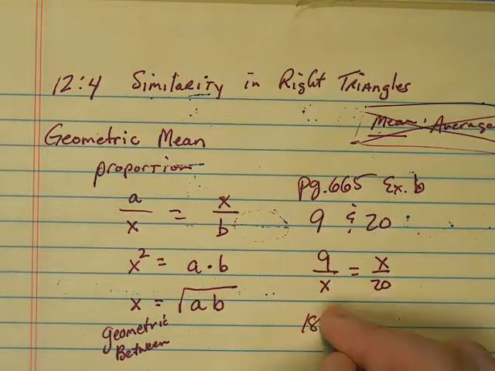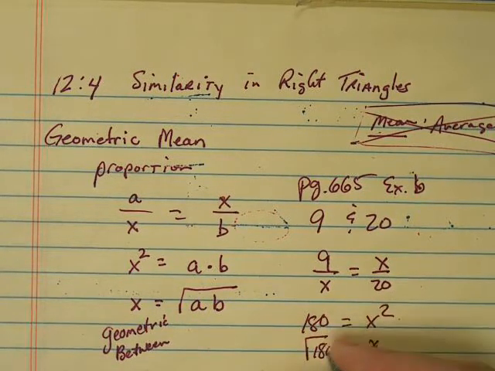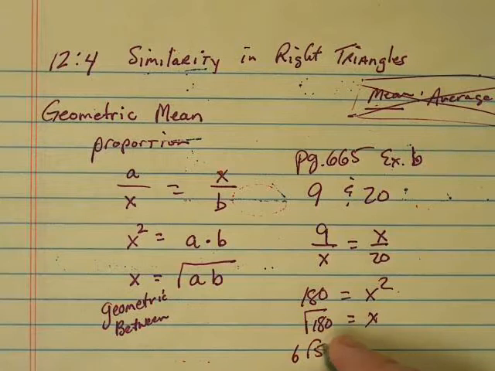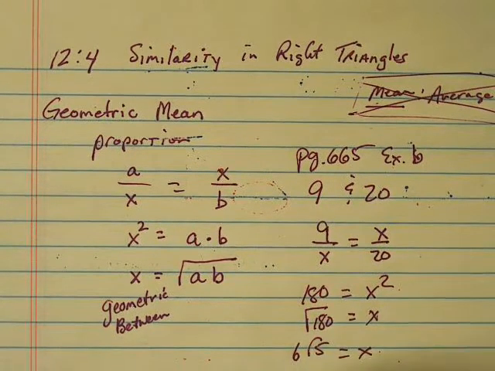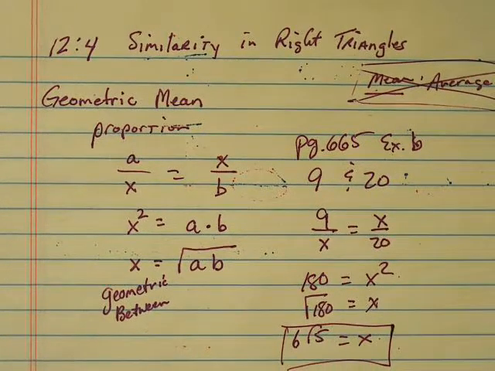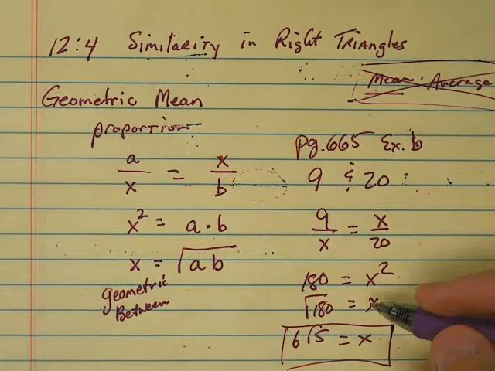So 180 is equal to x squared, or x is equal to the square root of 180. If we simplify, that's actually 6 radical 5, since 180 is 36 times 5. So the geometric mean between 9 and 20 is 6 radical 5. As a decimal, that would be 12 point something.